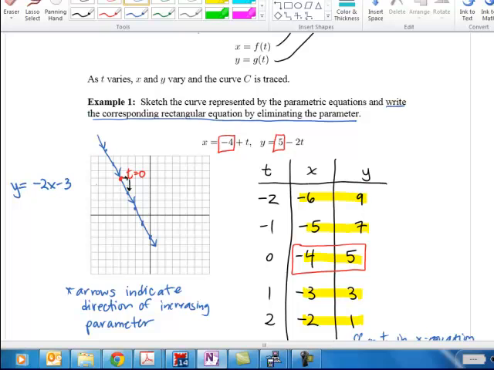Let's look at how we can get that if we weren't able to just look at the graph and easily determine it. One possibility is to solve one equation for t and substitute.